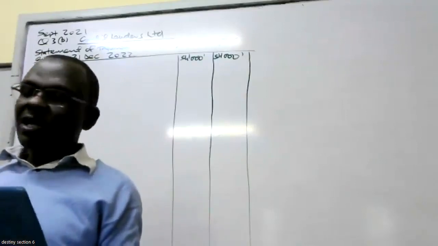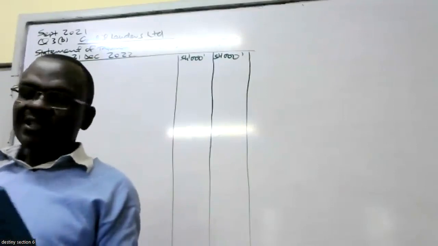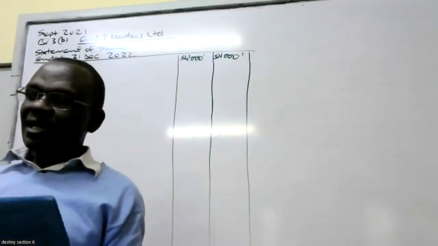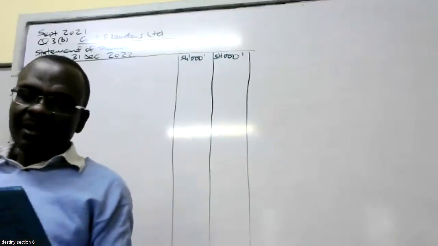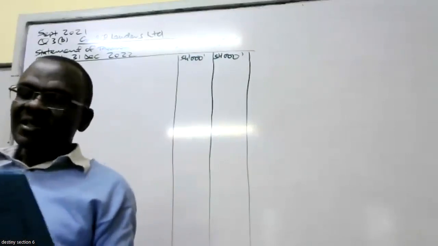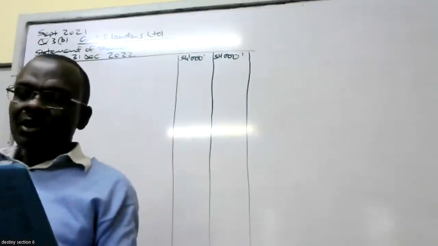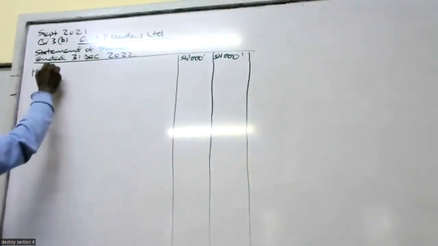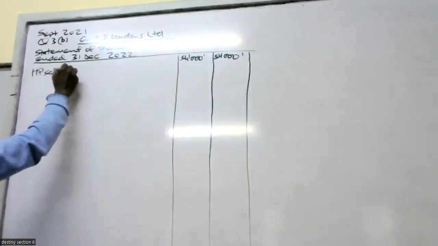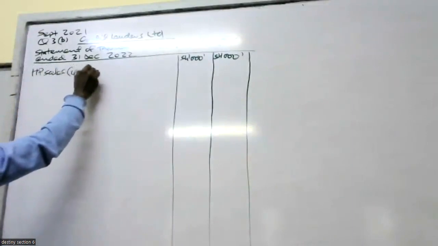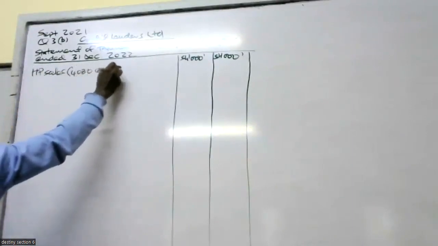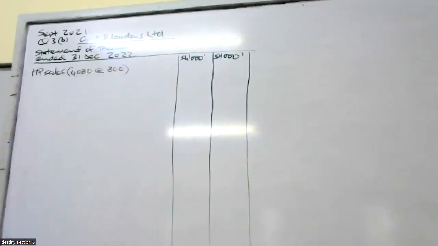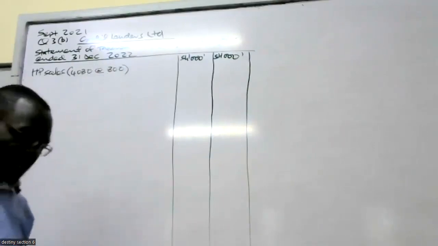So HP sales would be 4,080 units multiplied by 800, the HP price.